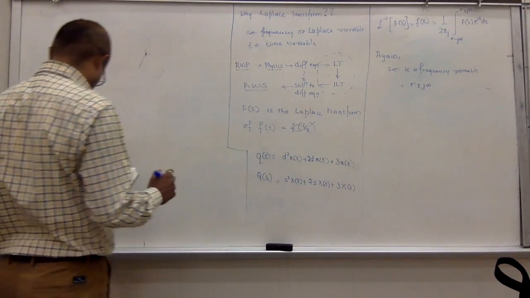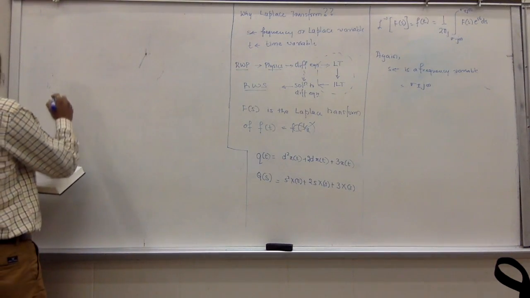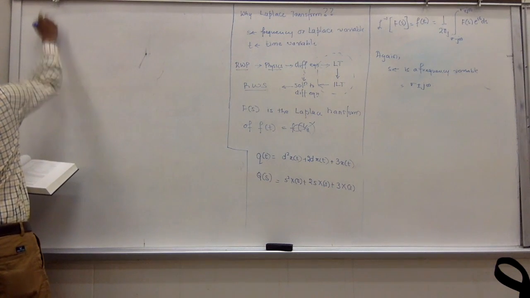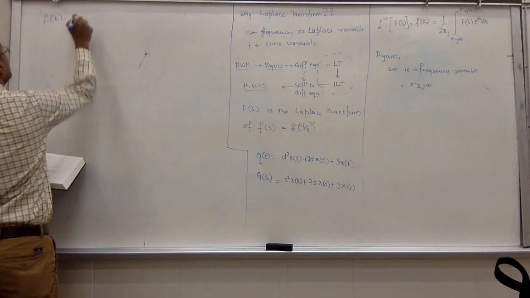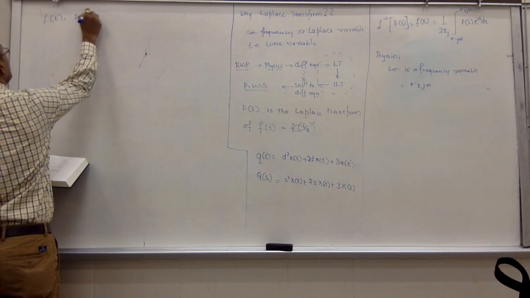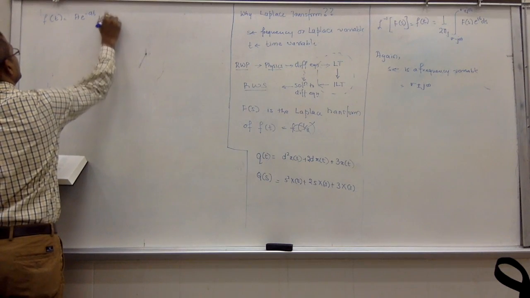So let's say, for example, you have f of t equal to a e to the power of minus a t, u of t.